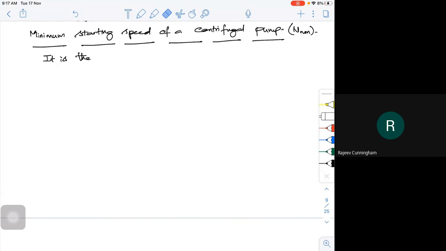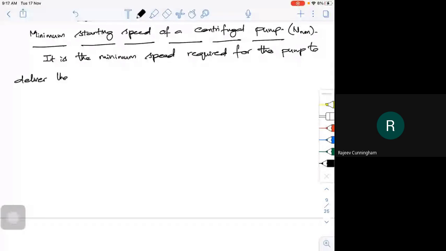Let me call it the minimum speed required for the pump to deliver the fluid. It has to run at a particular RPM, then only will the fluid start moving.